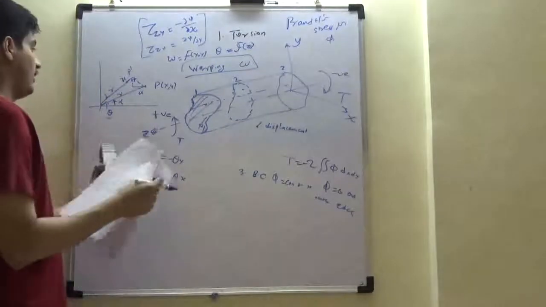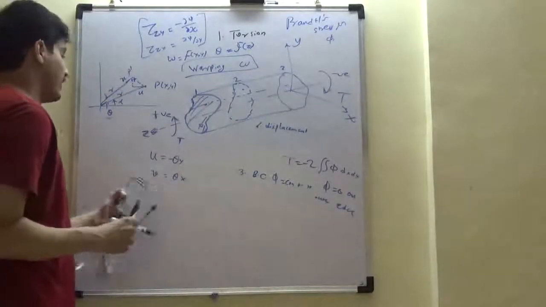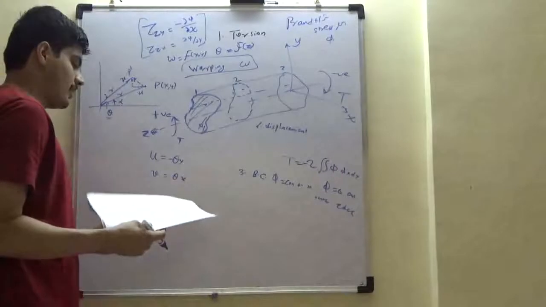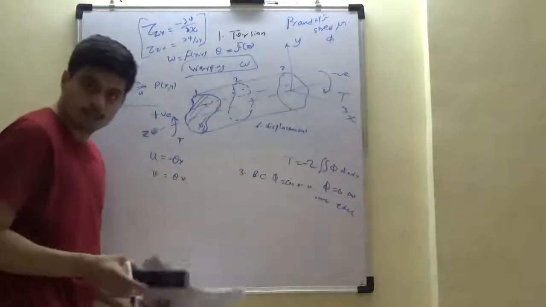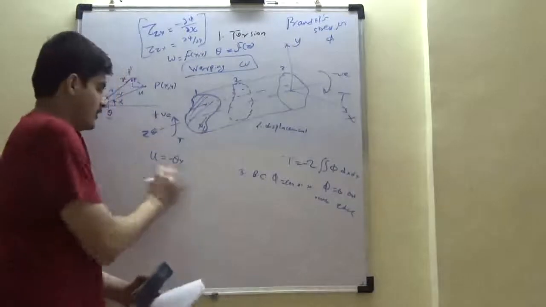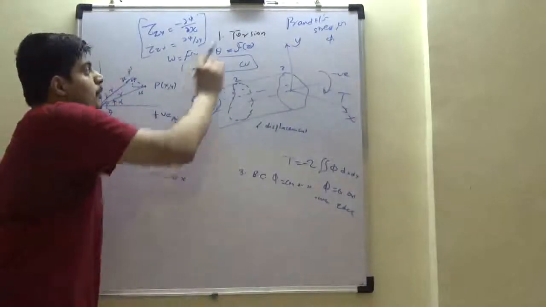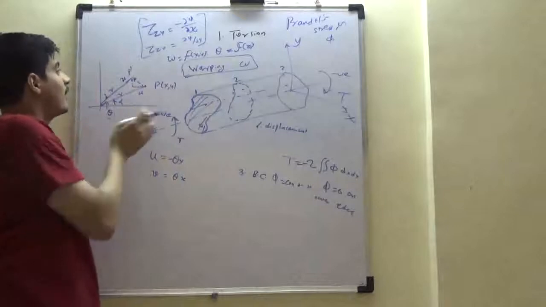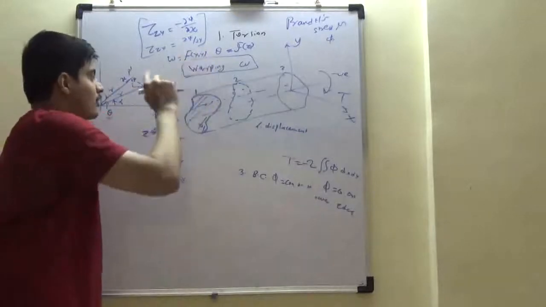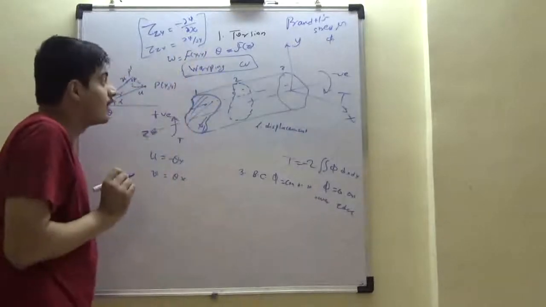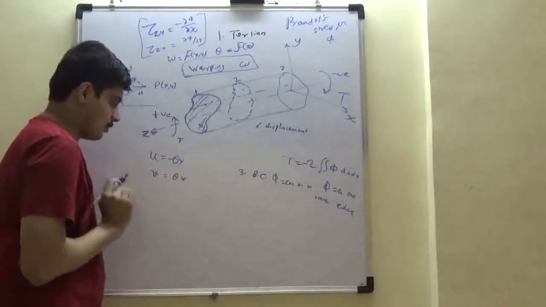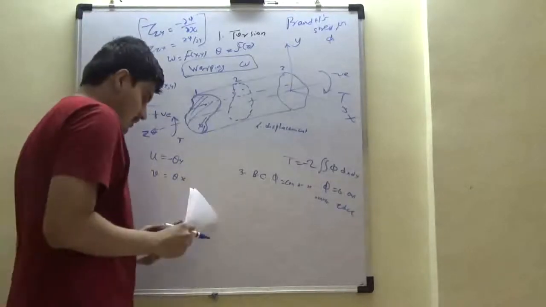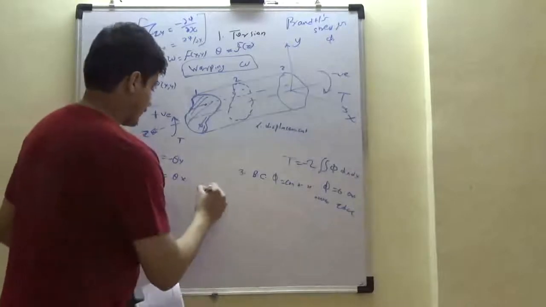R cos alpha plus theta minus R cos alpha, and R sin alpha plus theta minus R sin alpha. And then we use sin theta equal to theta for small theta, so that these relations are found. W, we have already said, is invariant of z, so it is some function of xy. So I already know, if u and v are these, right, that gives us an extremely important point.